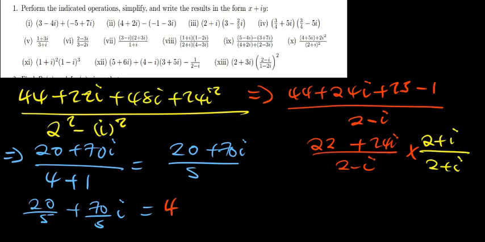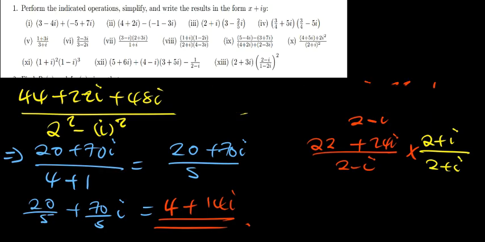Then 70 divided by 5 is 14. So plus 14i. So this is my final answer for part 12.